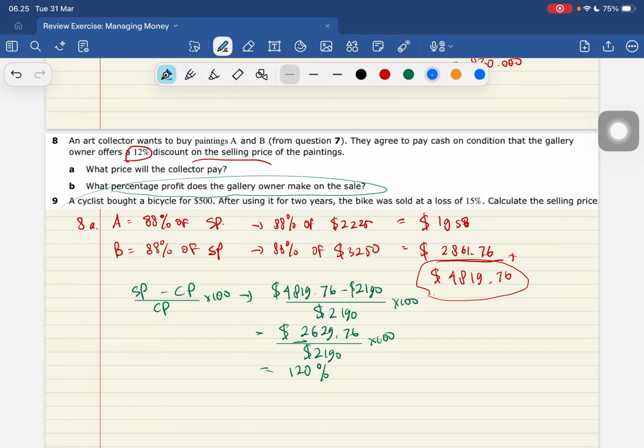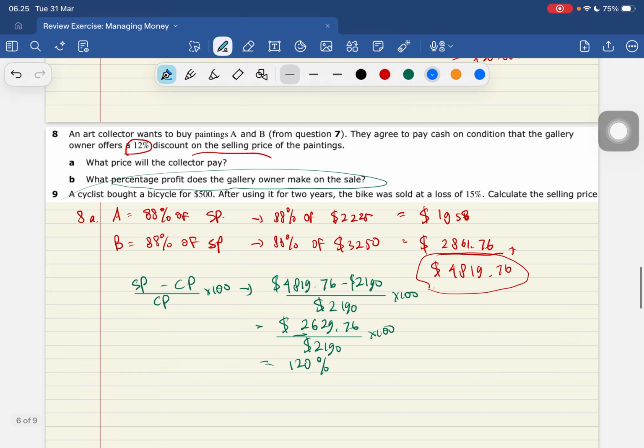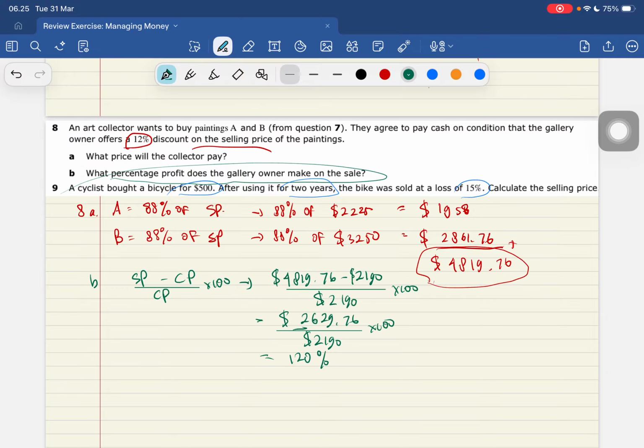Okay, B, a cyclist. You can see for B, bought a bicycle for $500. After using it for 2 years, the bike was sold at a loss of 15%. So to find it, here it is B, and then we continue with 9.